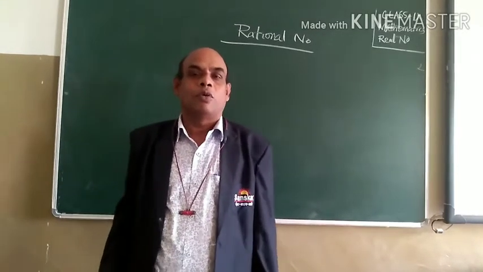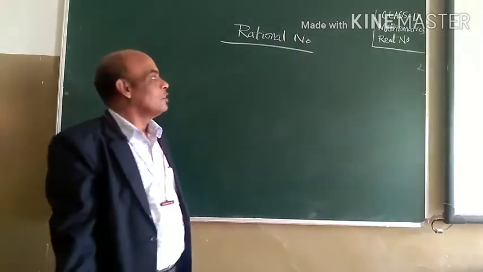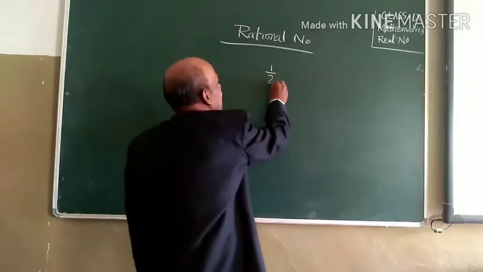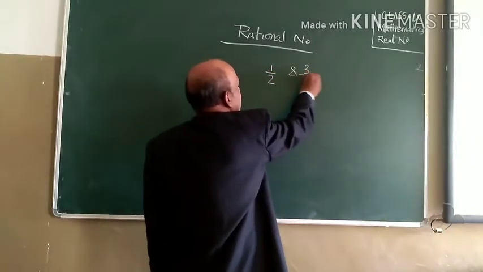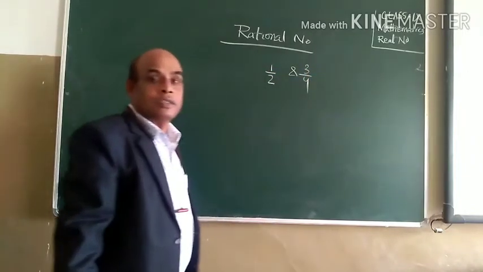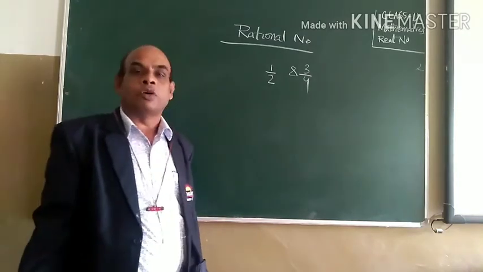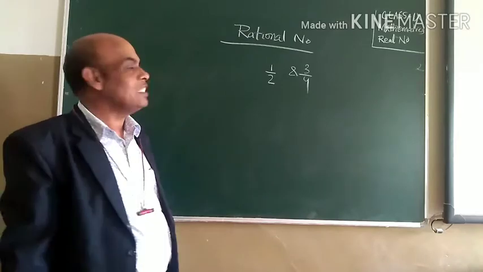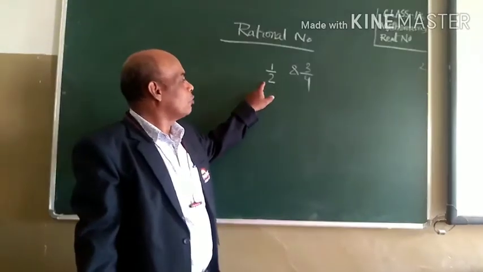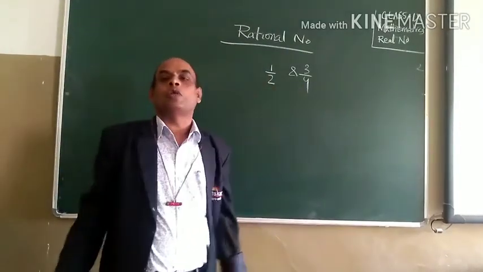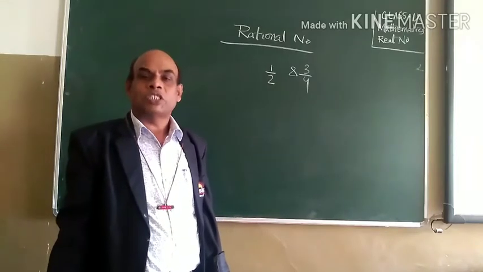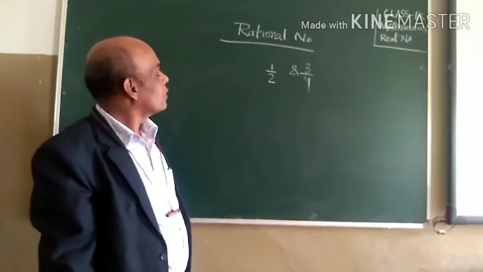Suppose 1 by 2 and 3 by 4 are two rational numbers. You have to insert two rational numbers in between these two rational numbers. We discussed that yesterday.